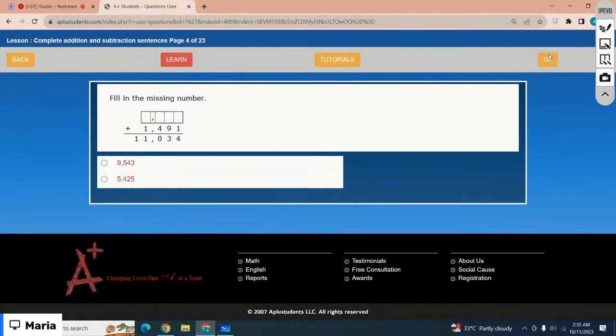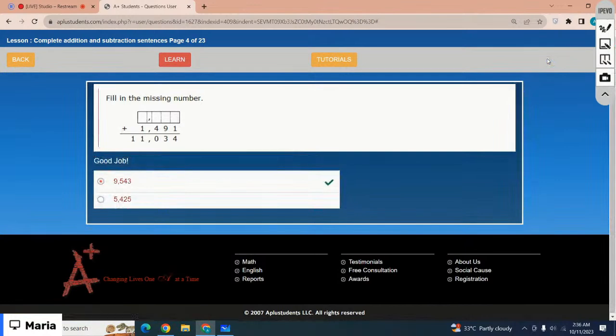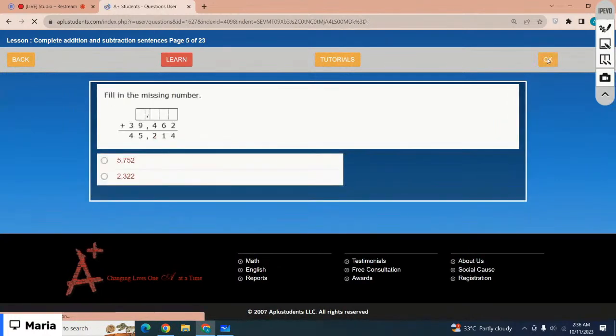Fill in the missing number. Which is the correct option? Option A or option B? Very good. That would be option number A. Fill in the missing number.